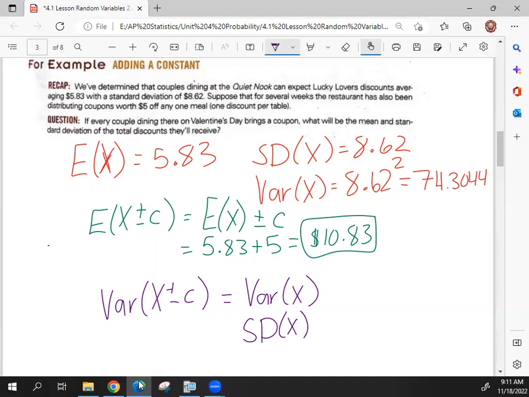So the only thing that's going to change when we add or subtract a constant is the expected value, which remember is like a mean or an average. And so if we're just adding, we're not really changing how spread out the information is. And so that's why the variance and the standard deviation stay the same. We're not changing how spread out this model or probability distribution is.